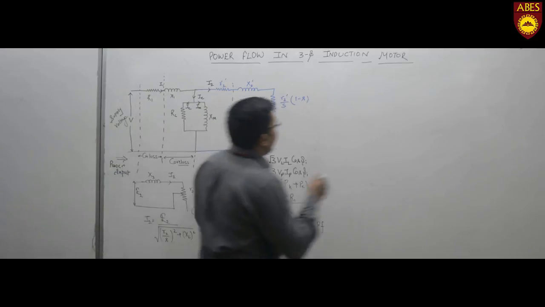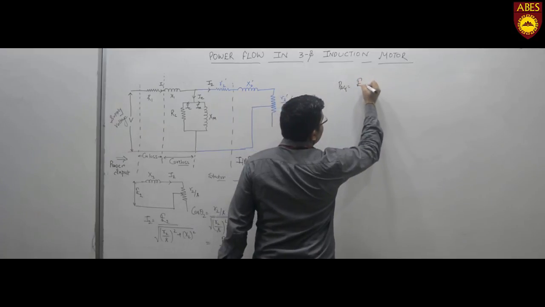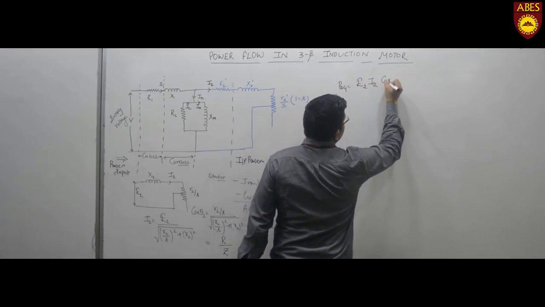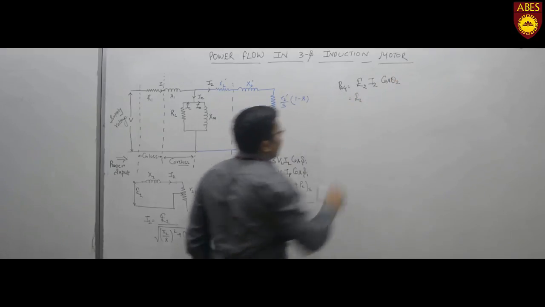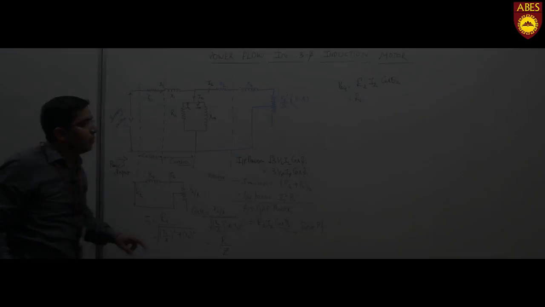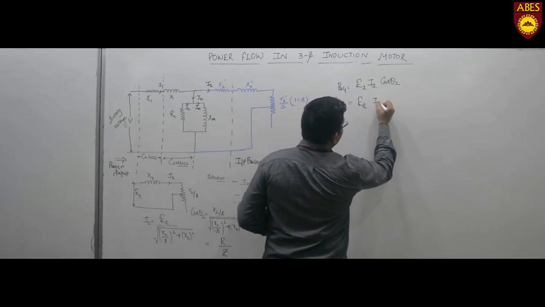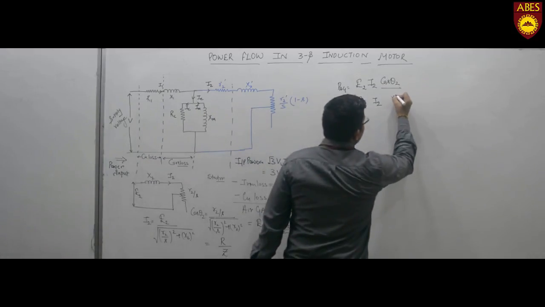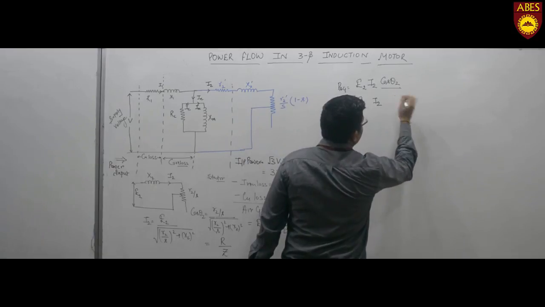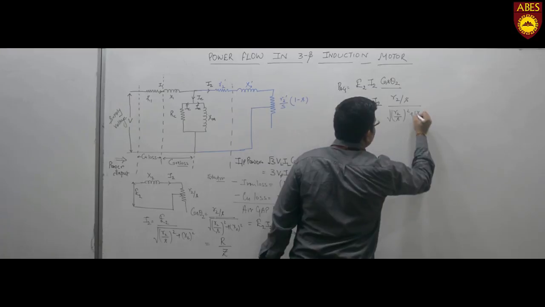That means if we go with PAG is equal to E2 I2 cos theta 2, I2 can be represented by this equation, and cos theta 2 can be represented by the equation obtained here, that is (R2 upon S) upon root of (R2 upon S) whole square plus X2 whole square.